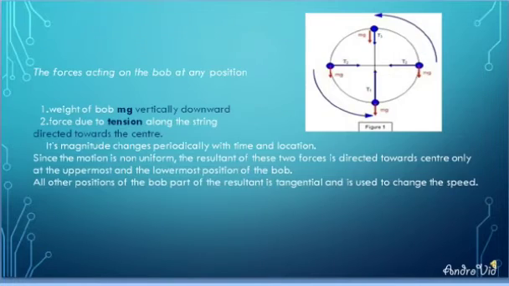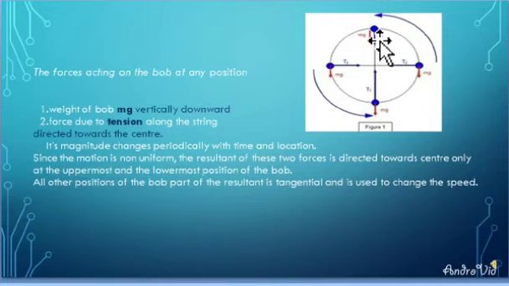Now let us see which forces act on this bob. See in this figure, weight mg acts downward. Here we have to study four points: the uppermost point, the lowermost point and two horizontal points. At all positions, weight acts vertically downward.